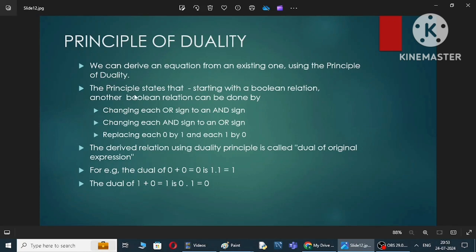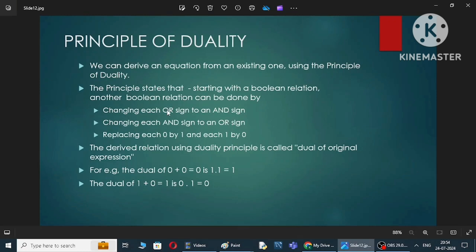To derive a new expression, you have to change each OR sign to AND sign. Hope you remember OR sign is represented by plus. So in a given expression, change the plus sign to AND, which is dot. The second step, changing each AND to OR.